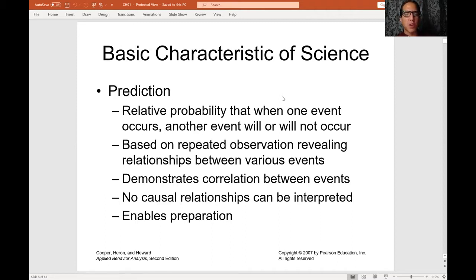So we're repeating the observations, right? To find if there's a relationship between the events that we're looking at. And as we look at it, we can demonstrate that there's a correlation. So for example, I tap whenever I finish reading all of the words, and then I tap the computer, and perhaps the tap is to press the next button for the next slide. So there is a correlation between those events, right?